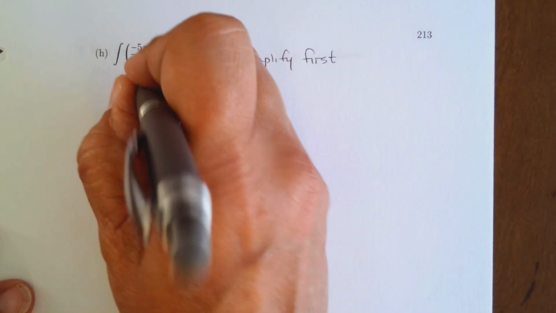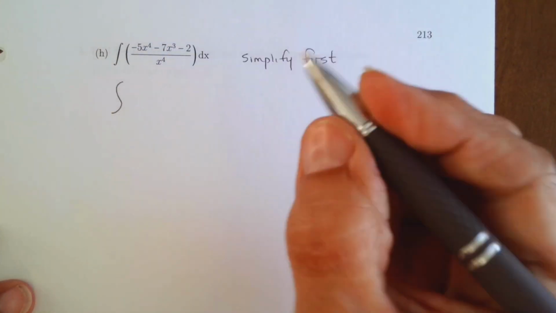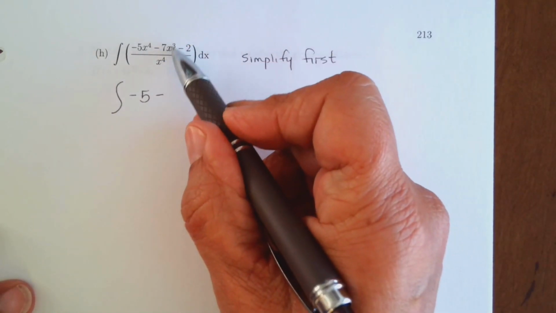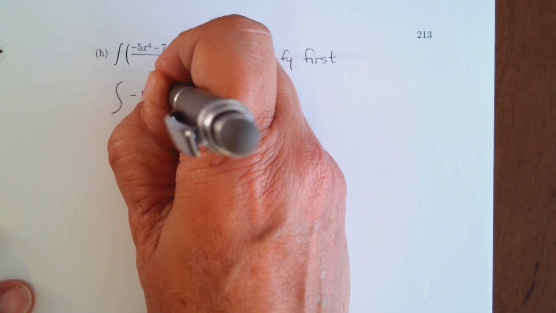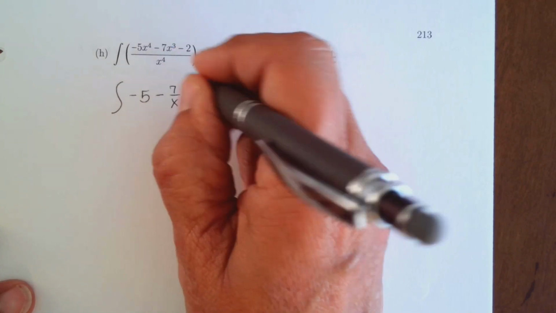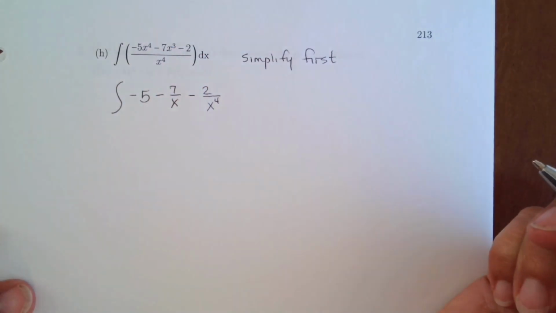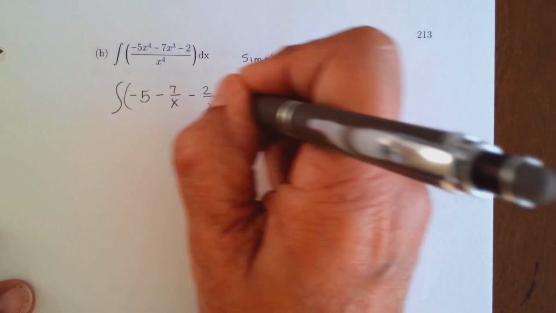So let's divide. x to the 4th divided by x to the 4th leaves just negative 5. Over here, you're going to have 1x left in the bottom, so 7 over x. And here, you're going to have negative 2x, negative 2 over x to the 4th. Okay?